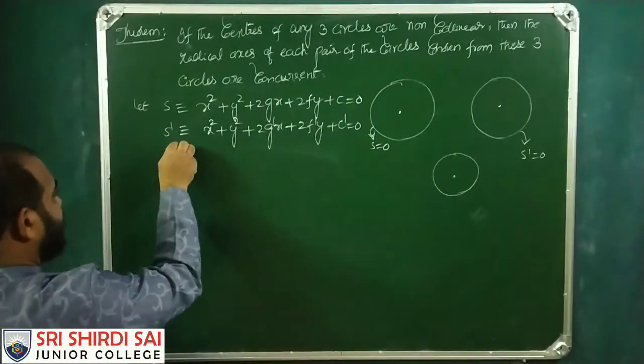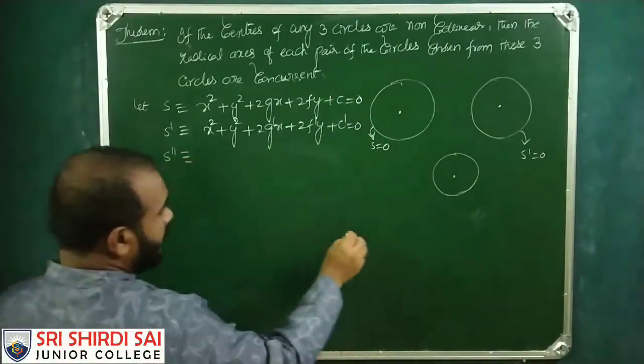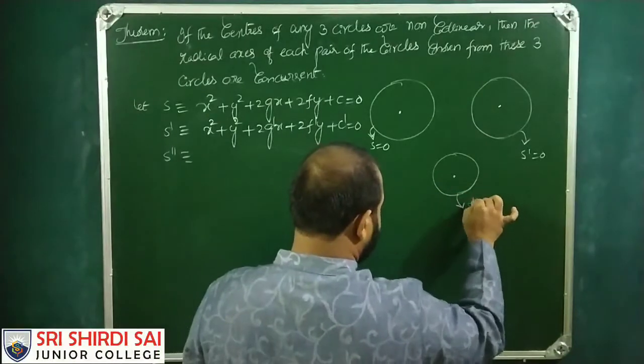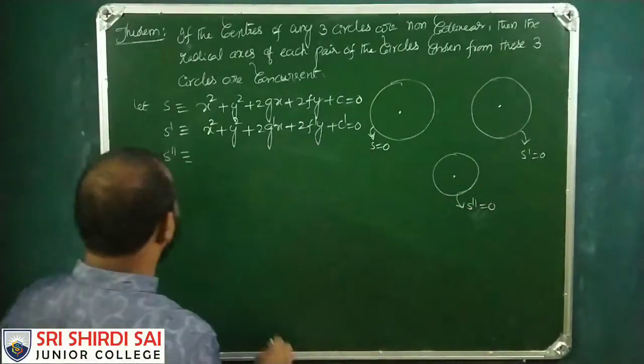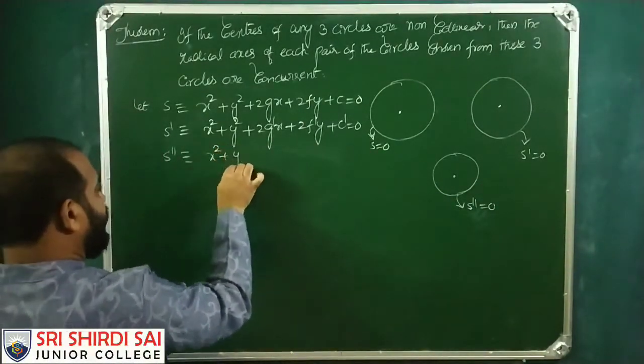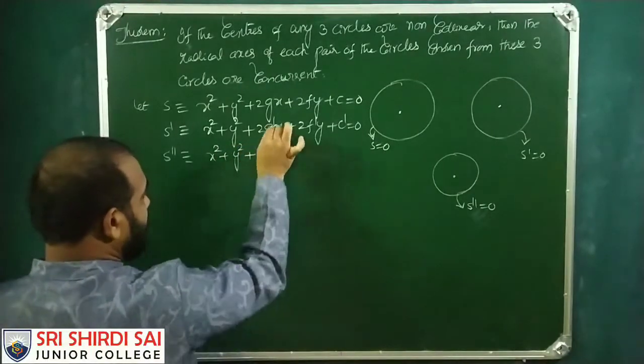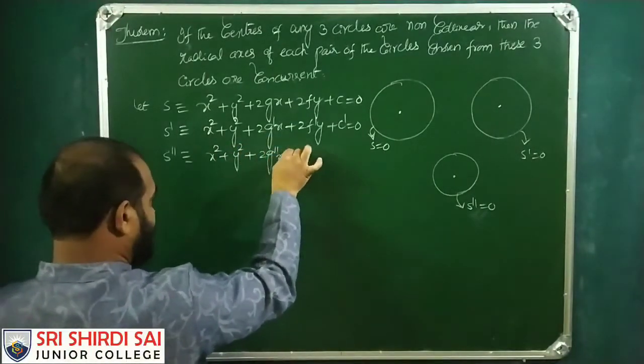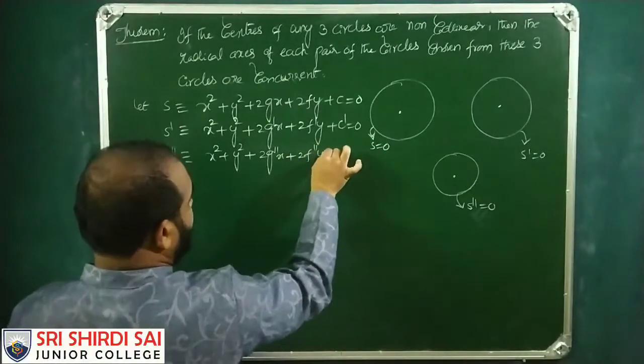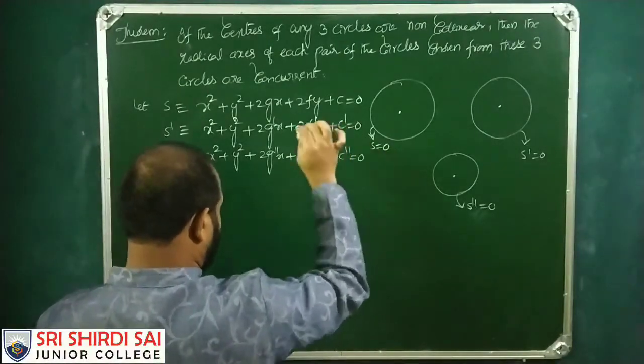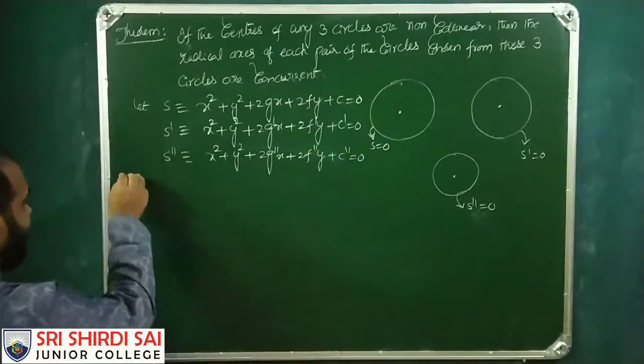And S double dash equals to 0 is x square plus y square plus 2g double dash x plus 2f double dash y plus c double dash equals to 0.